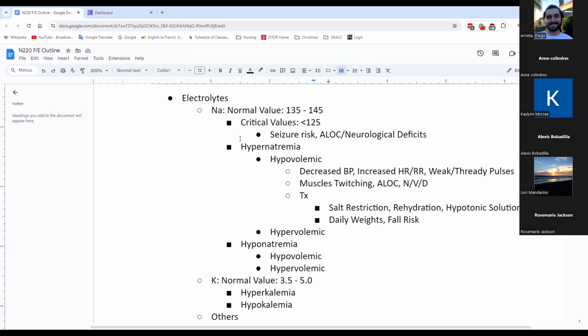The way you can try to think about it is your water goes to a place of higher solute. So your water is always trying to even things out. In the situation where you are getting a lot of hypotonic solutions, you're getting a lot of water, less salt. At some point, the solute in your cells ends up being higher than the concentration in your blood. So your water wants to make that more even, so it starts going into the cells.